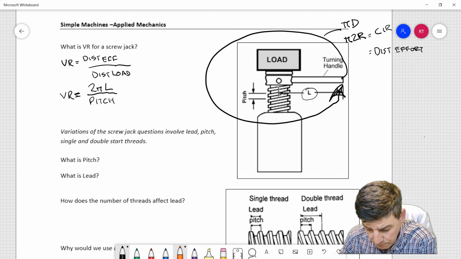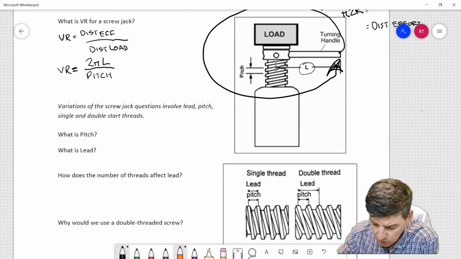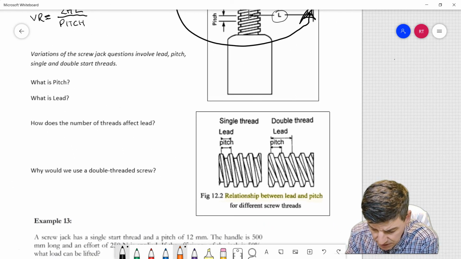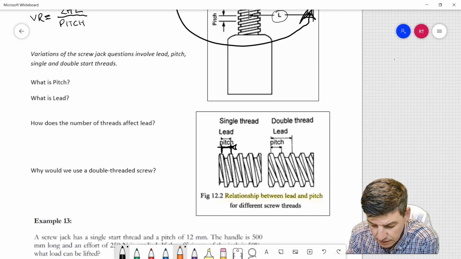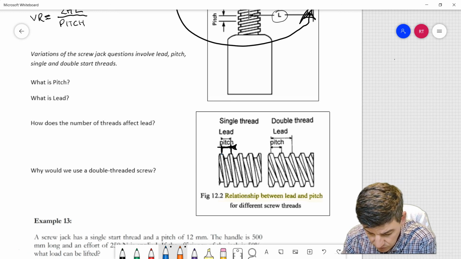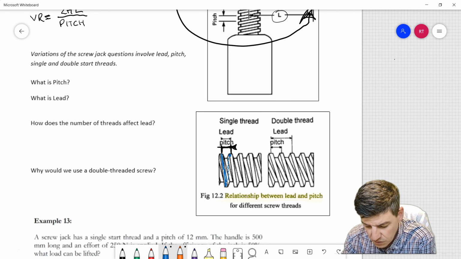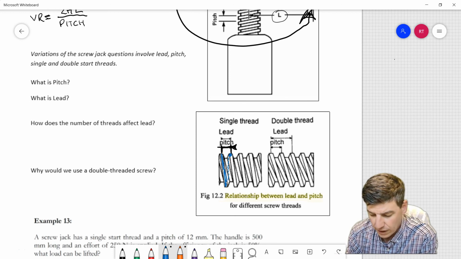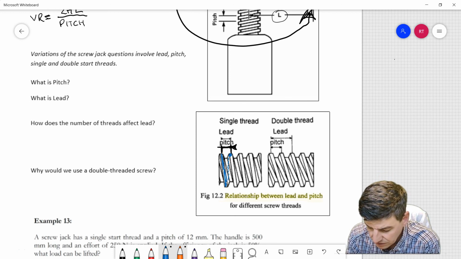If we look at what pitch is, it's the distance between the top of 2 threads. If we have a thread and we follow it along, when we move through a full revolution, that thread is going to indicate how far up the threaded rod we travelled in one revolution.